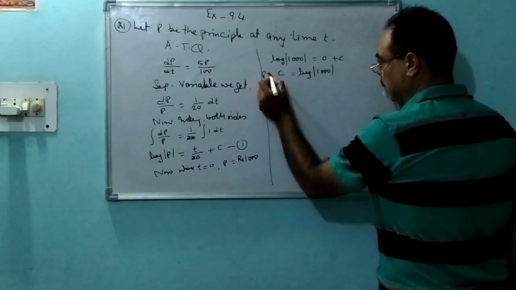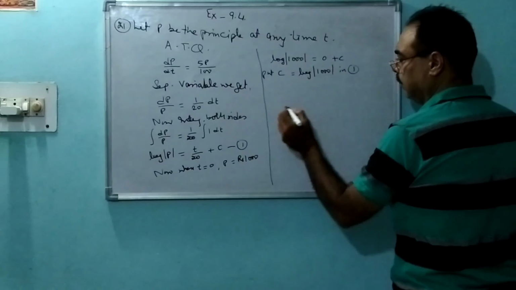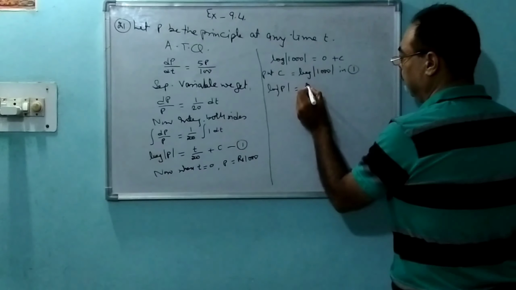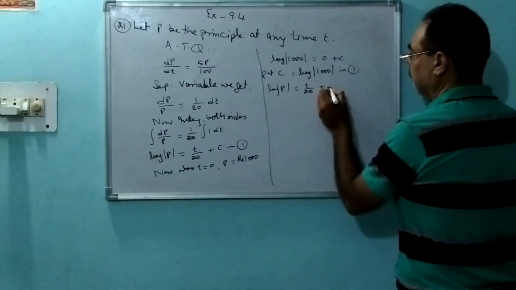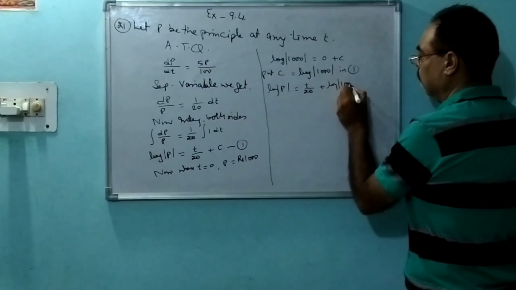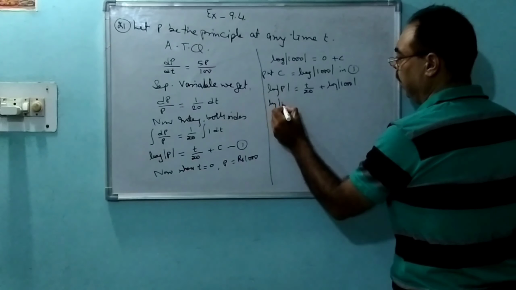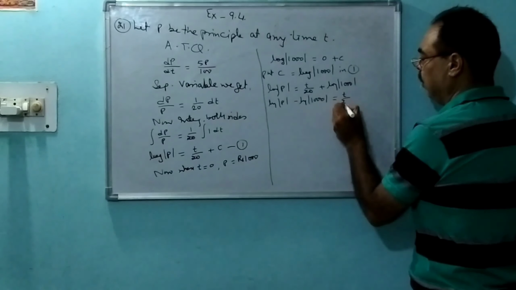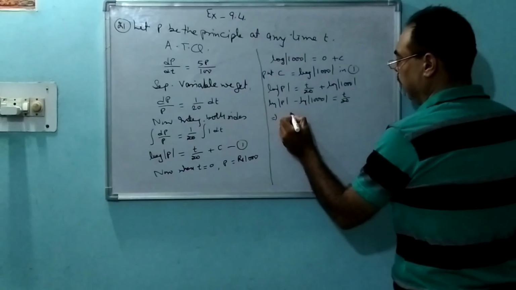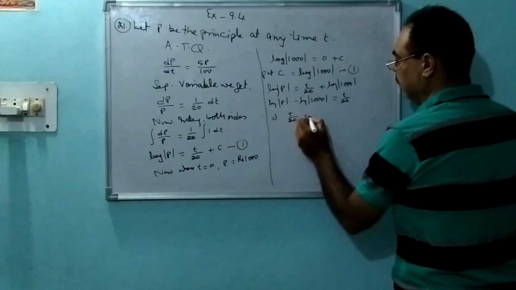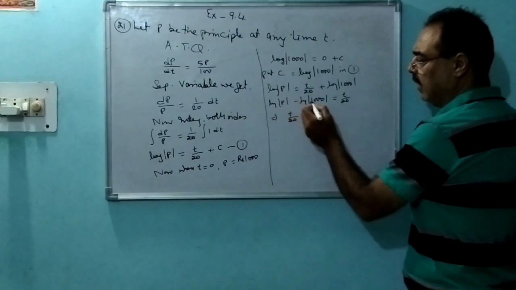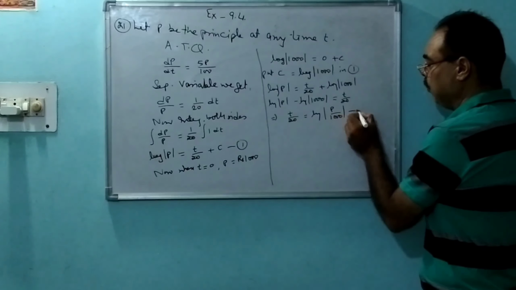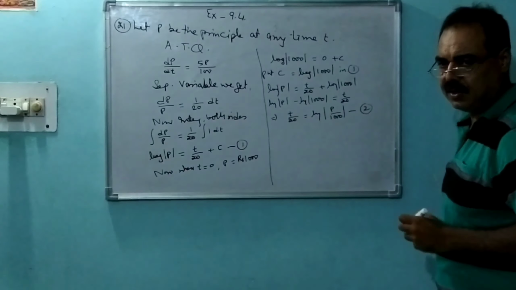So put this value of c in 1. We get log p is equal to t upon 20 plus log of 1000. So it becomes log p minus log 1000 is equal to t upon 20. We know log m minus log n is log m upon n, so t upon 20 is equal to log of p upon 1000. You can assume this is equation number 2.